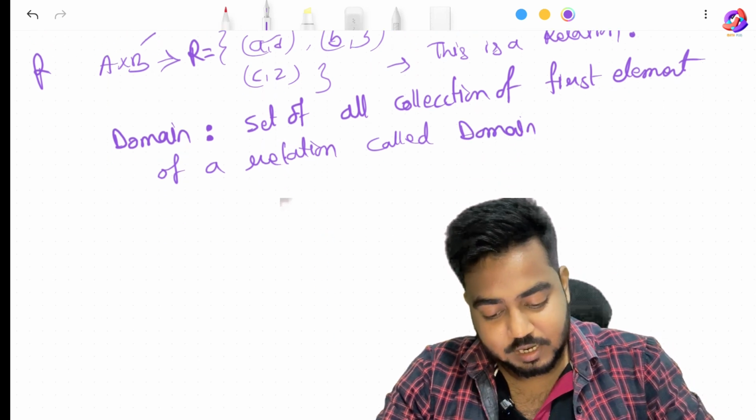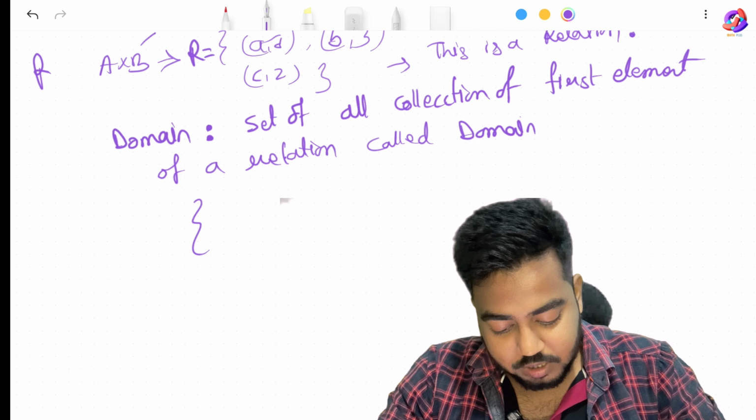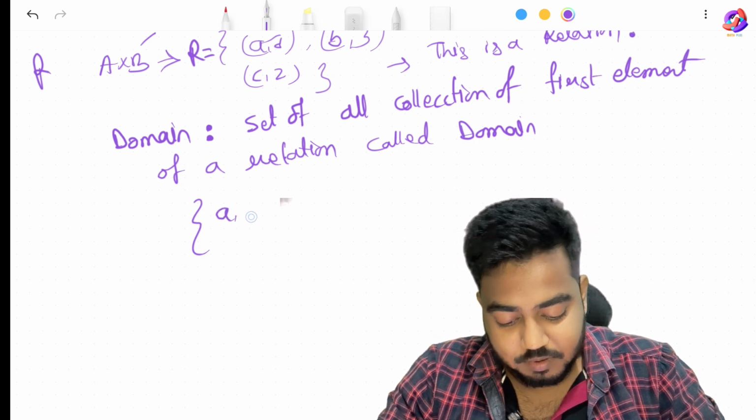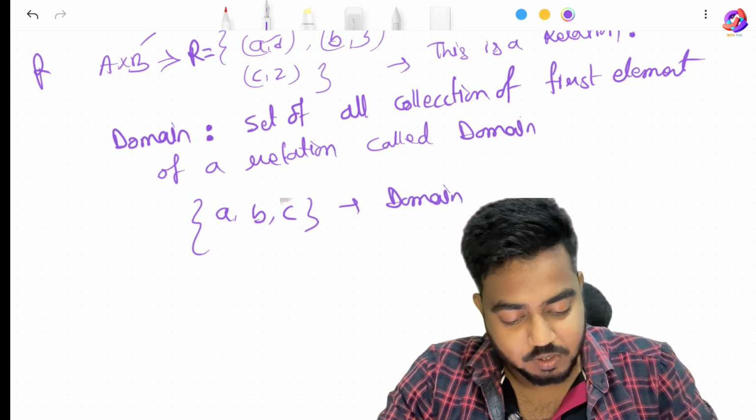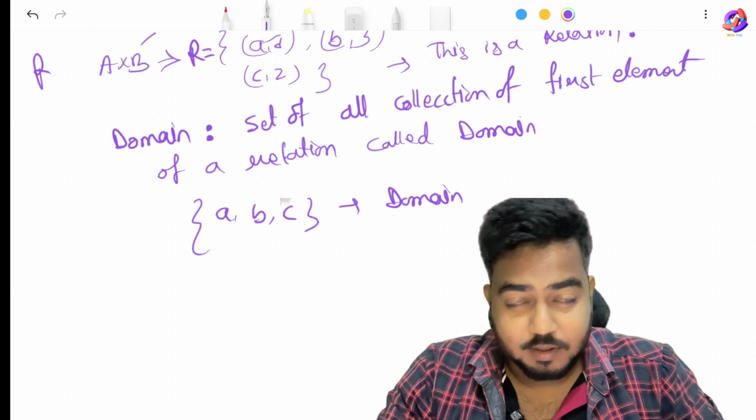So in this relation, what will be our domain? The collection of all first elements: the first elements are A, B, and C. So this becomes the domain.